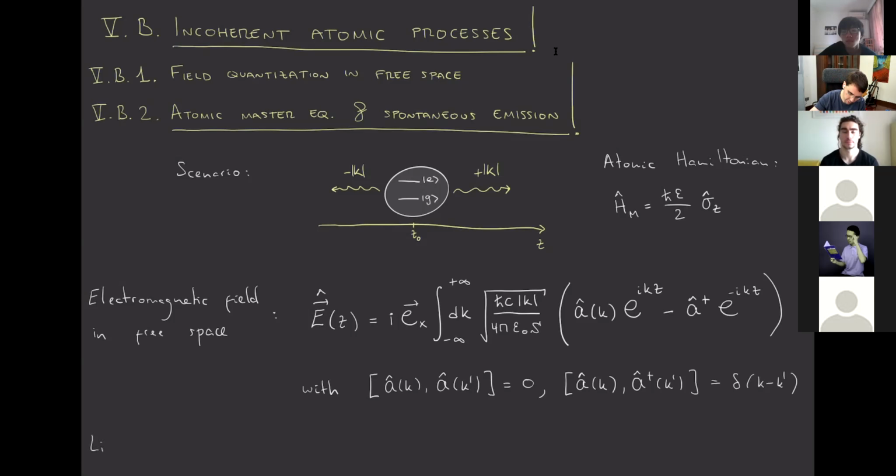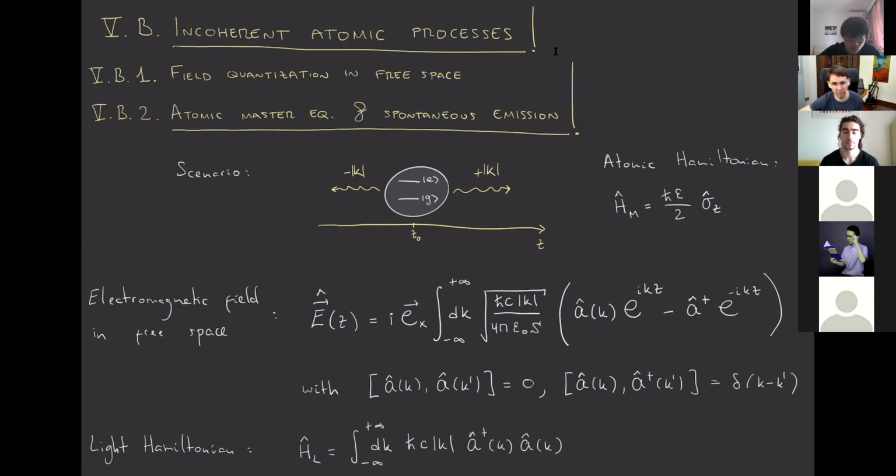On the other hand, this is the electromagnetic field, and how about the Hamiltonian? The Hamiltonian of the electromagnetic field in free space, let's call it H_L, is just, for each oscillator labeled by the wave vector k, ħ omega, so ħ c times the wave vector k, that's the frequency of the oscillator, and then a_k dagger a_k.